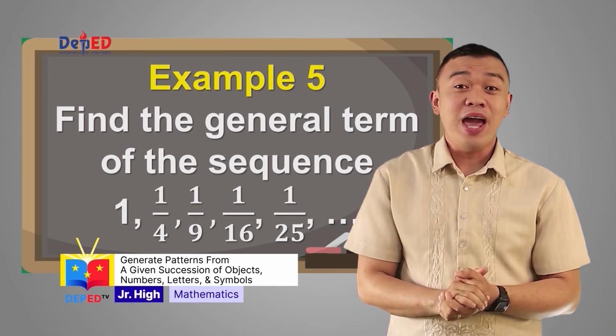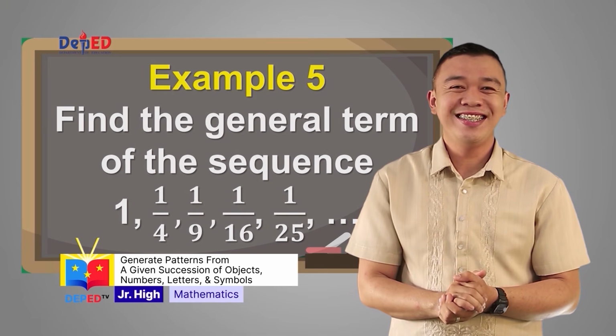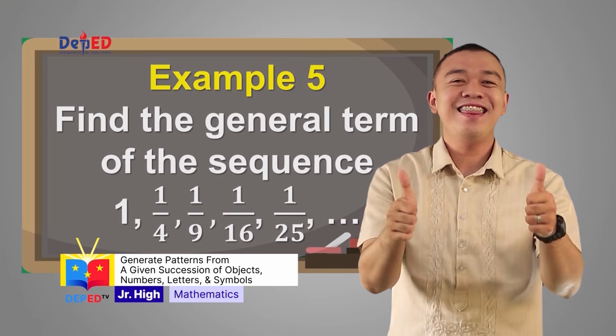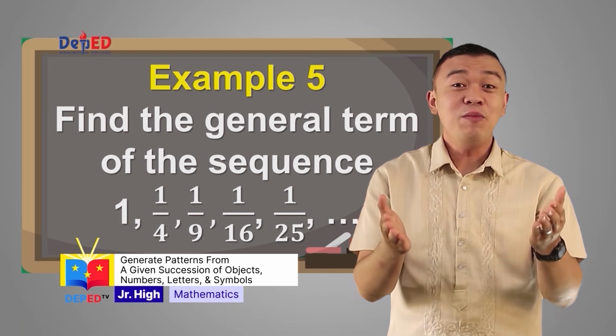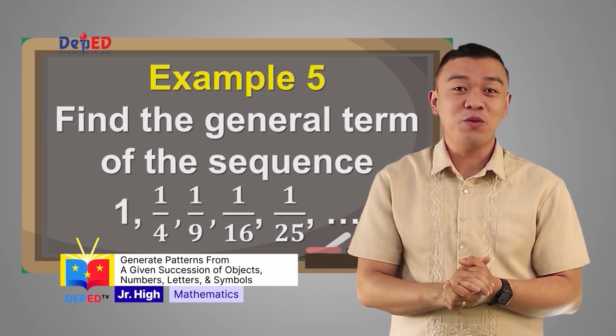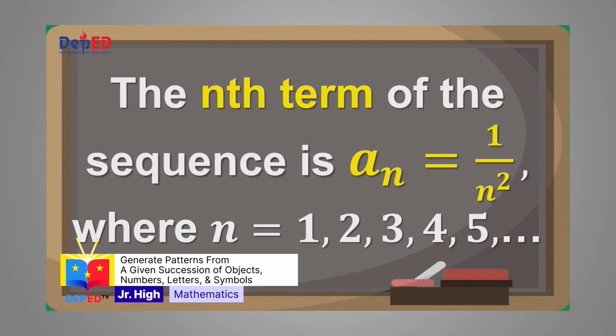Can you see any patterns from the denominators? Yes, that's correct. The denominators are integers squared. Therefore, the nth term of the sequence is a sub n is equal to 1 over n squared, where n is equal to 1, 2, 3, 4, 5, and so on.